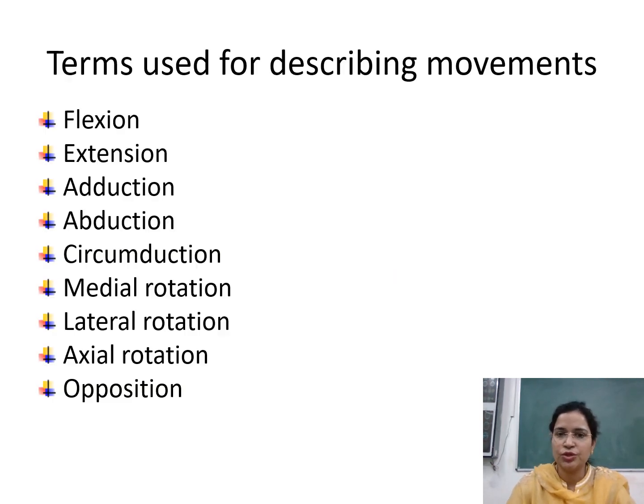Now, in today's topic, what else has to be covered? Here are the different terminologies used for the limbs: anterior, posterior, superior, inferior. Then some terminologies used in embryology, like the ventral aspect of the body, what is dorsal, what is ventral, and superior, inferior.